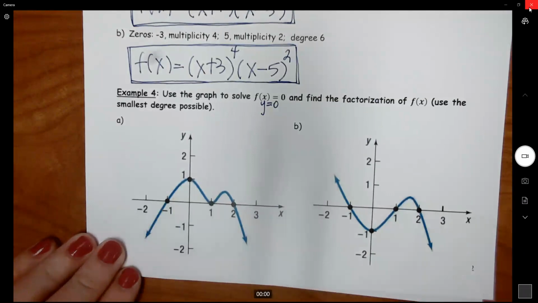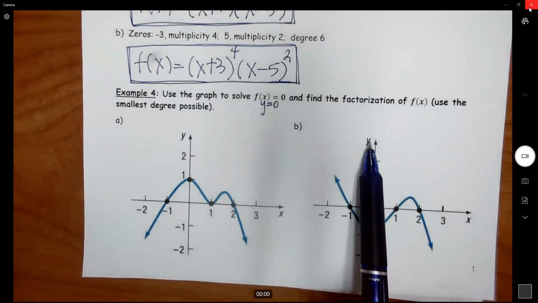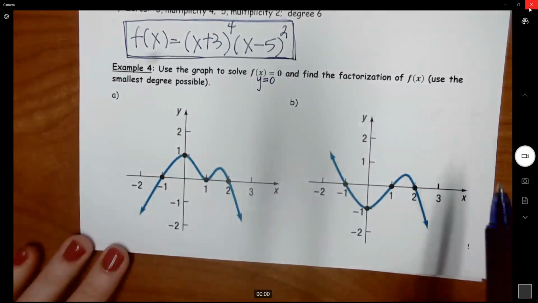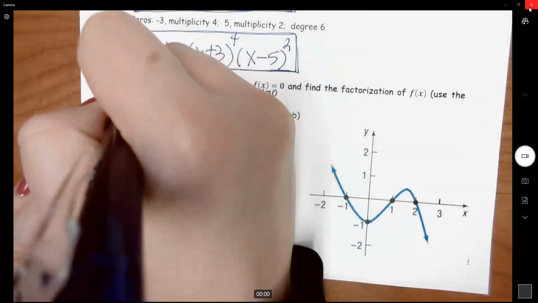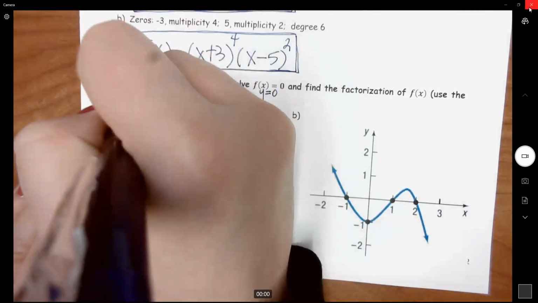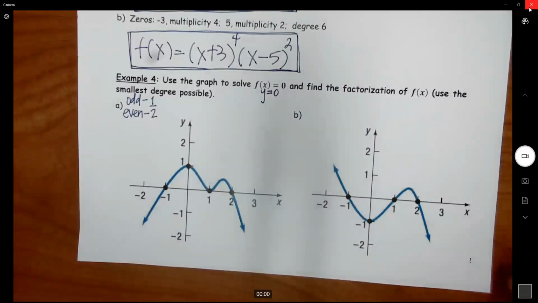That's what your x-intercepts are. So let's find the factorization of f of x and use the smallest degree possible. So if I'm using the smallest degree possible, that means for odd, we will use 1. And for even, we will use 2.